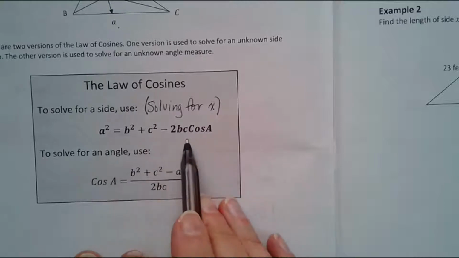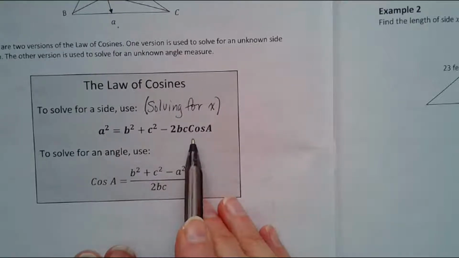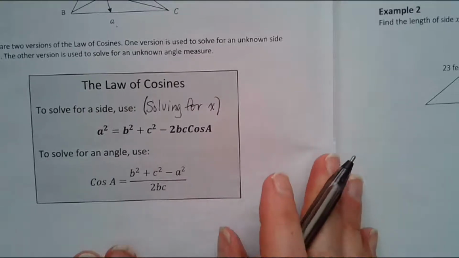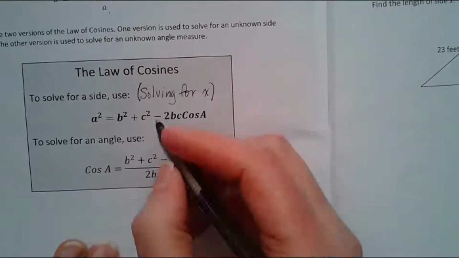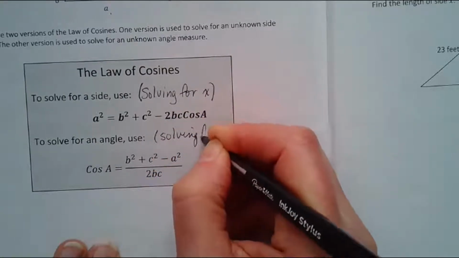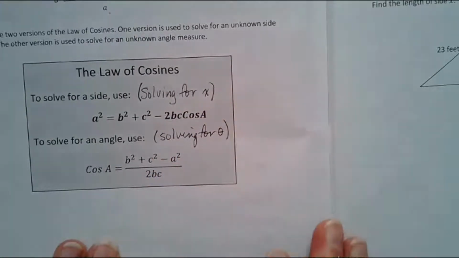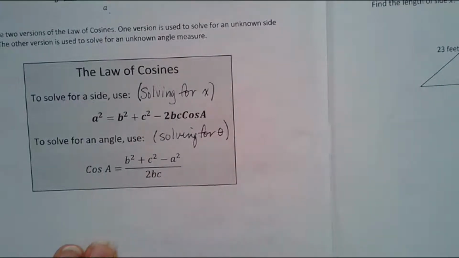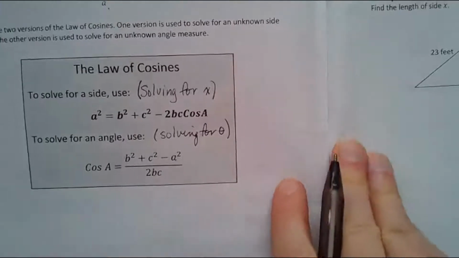And the A's, B's, and C's hopefully make sense. This is where we will use our capital A, B, and C. This other version is solving for an angle, right? This is solving for theta. This will make a bit more sense when I do these in a minute.